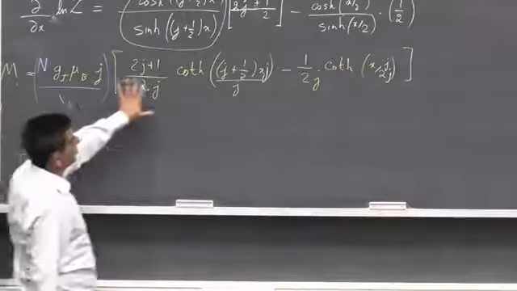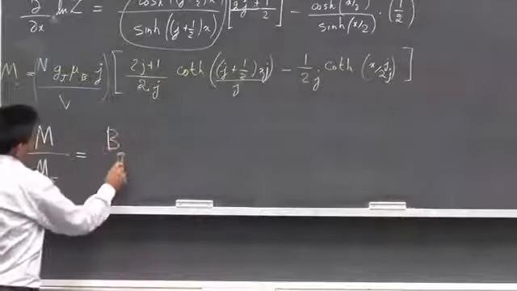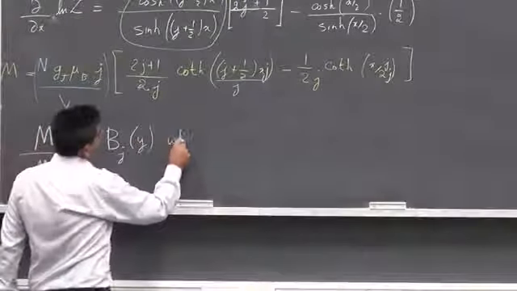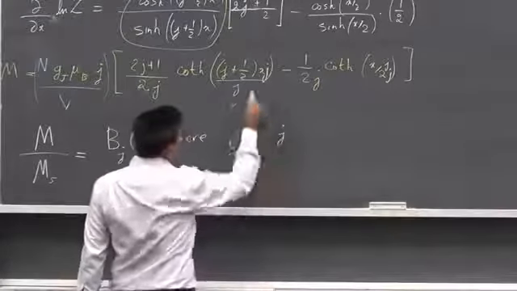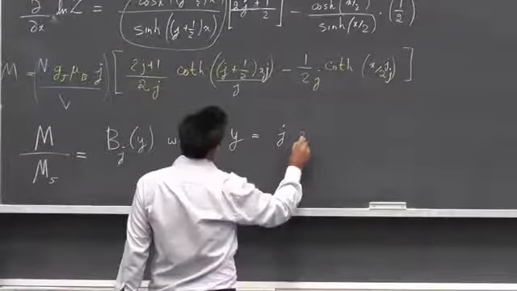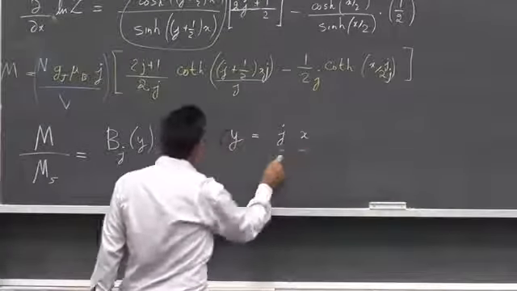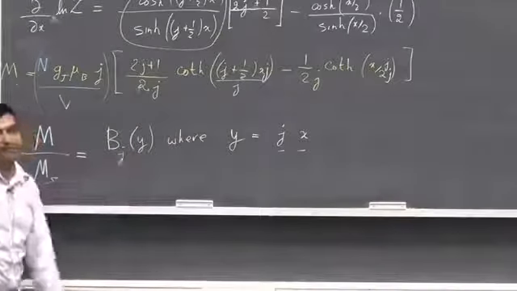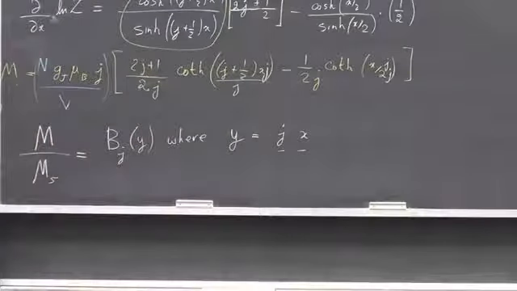So this function is called the Brillouin function, Bj(y), where y is equal to j times x. So the Brillouin function is defined in this fashion. So this magnetization is nothing but the Brillouin function.